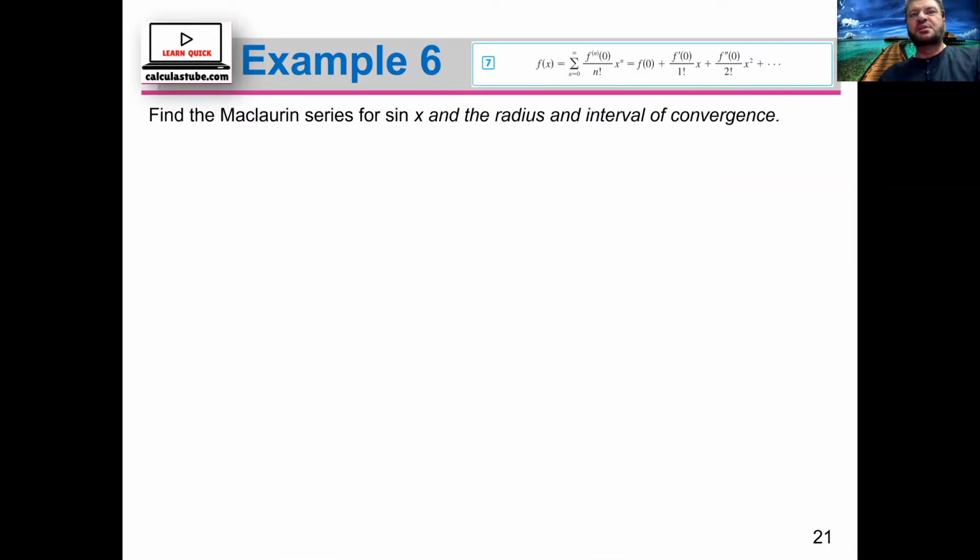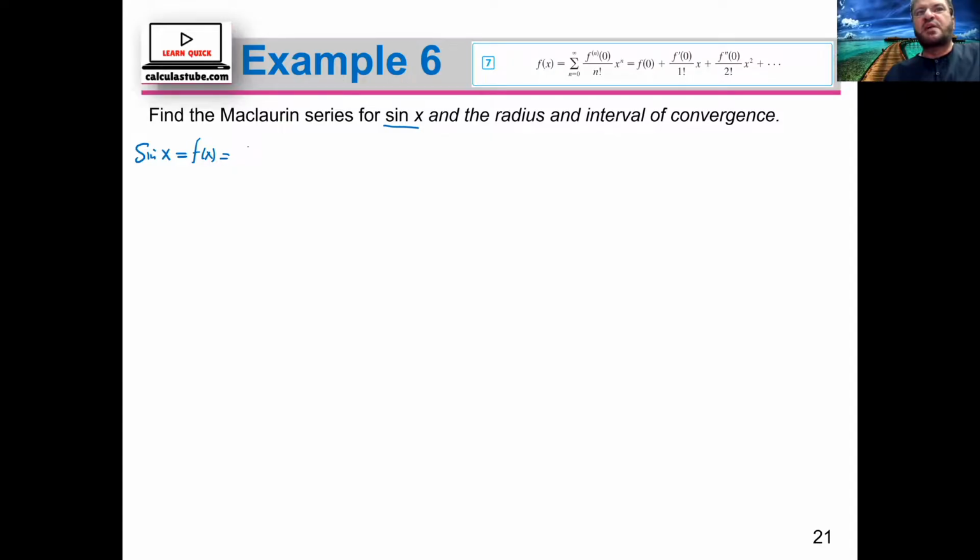Okay. Let's proceed with sine x. What's the Maclaurin series of sine x, guys? Again, we write down sine x is equal to our function f of x according to the Taylor series.